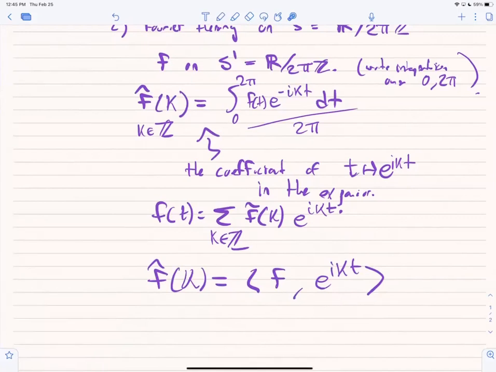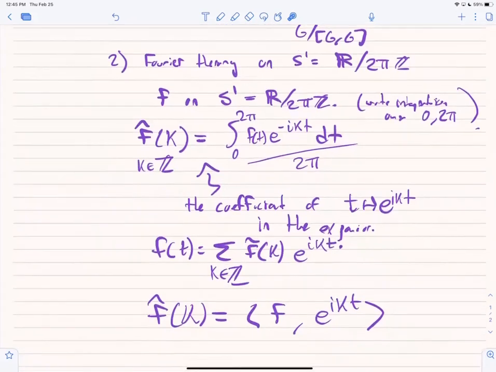You're trying to express f in terms of an orthonormal basis, and the coefficients are just the inner product. So this is how the Fourier transform fits into this picture.